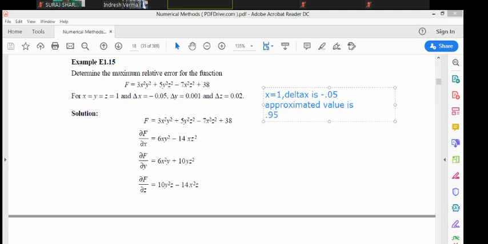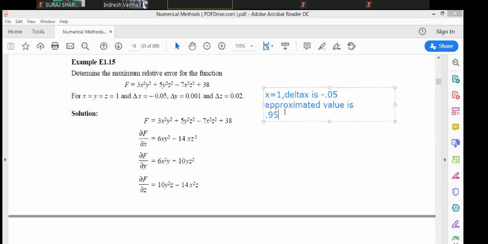We measured it 0.95. Do you get me or not? Everything will become plus. This is minus delta x. Sir, true value of the function is equal to approximated plus error, right? So in 1, when it comes here, this will perhaps become plus.